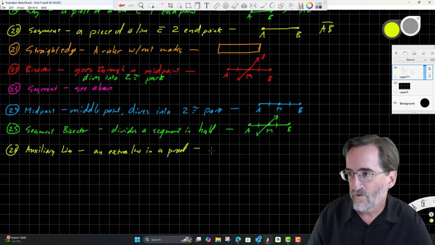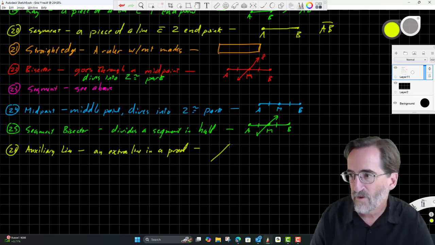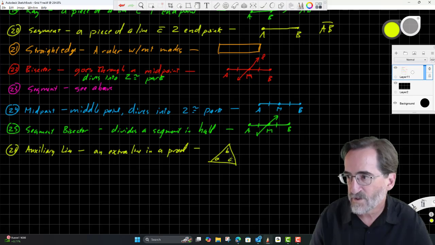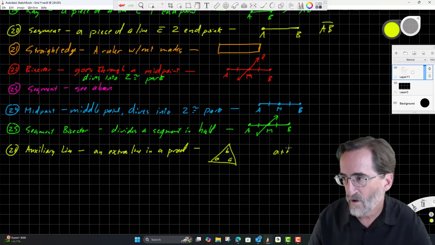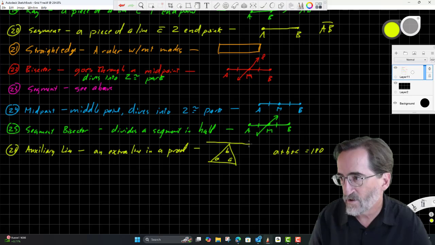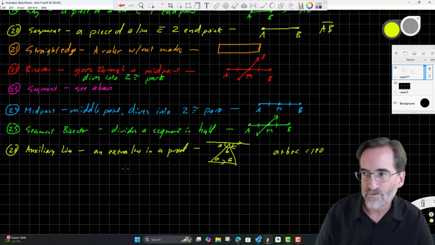One of the proofs of the triangle angle sum theorem, if we want to prove that A plus B plus C is 180, we do that by drawing an auxiliary line up here so that this is parallel to this. And then that's a C. Alternate interior angles are congruent. A, B, and C together make a straight angle. Auxiliary line.